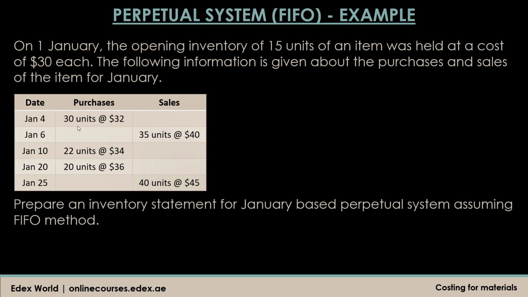And same way, a business can follow periodic inventory system. Under that, they can follow either FIFO, LIFO or average cost. So let's do perpetual system using FIFO. On 1st Jan, the opening inventory of 15 units of an item was held at a cost of $30. So that's the opening balance, 15 units, and the cost of each unit was $30.